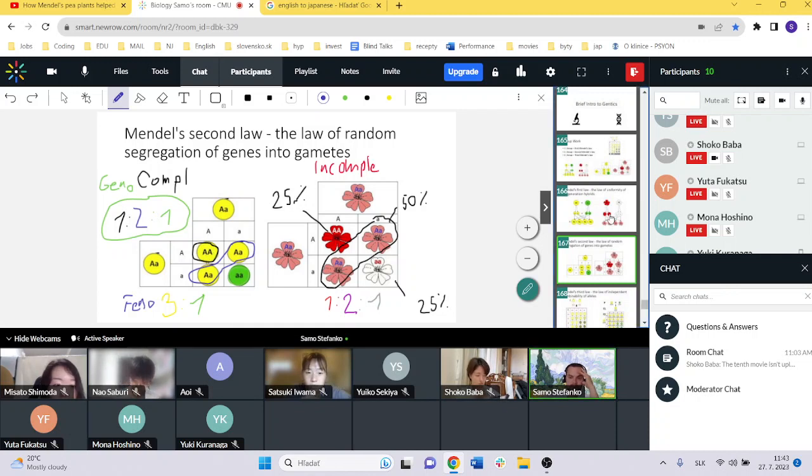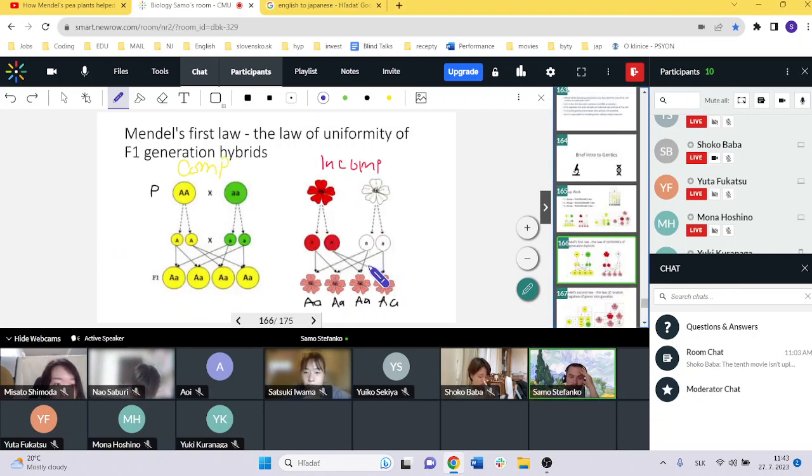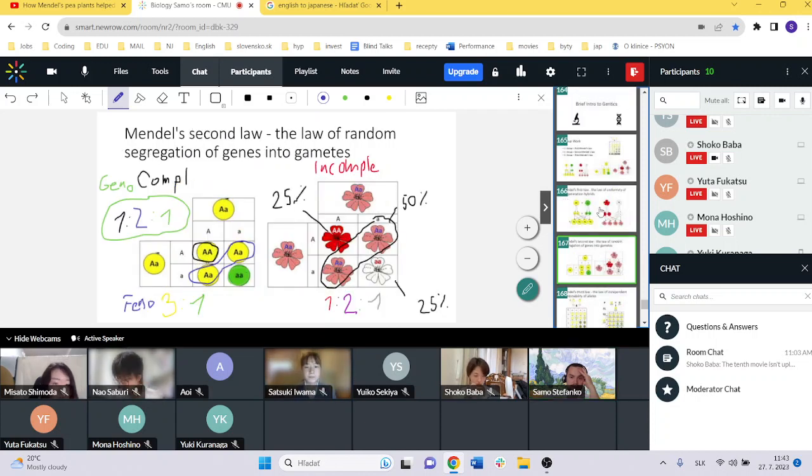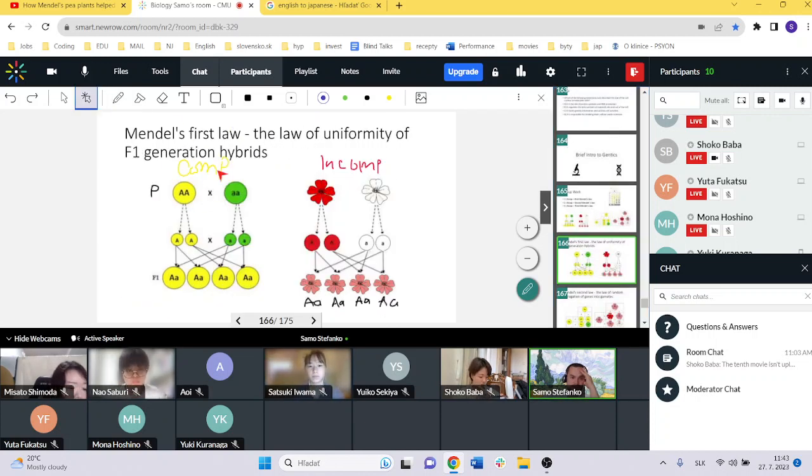Guys, as you see, in our case here, in the first Mendel's law, and also in our second, if there is a complete dominance, it doesn't matter if there is a dominant homozygous or heterozygous. Phenotypically, they are the same, okay? They look the same.